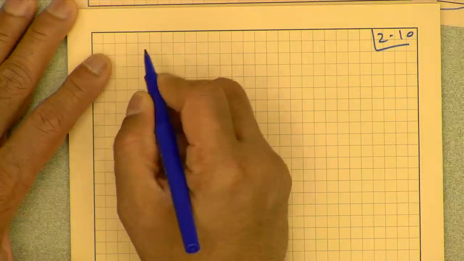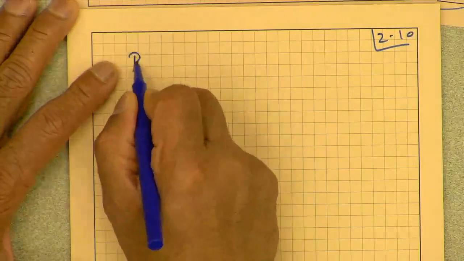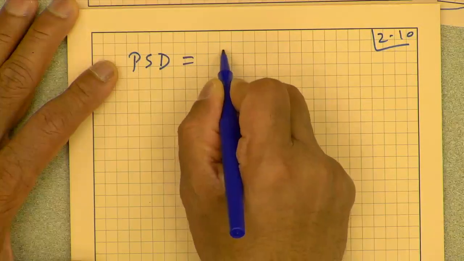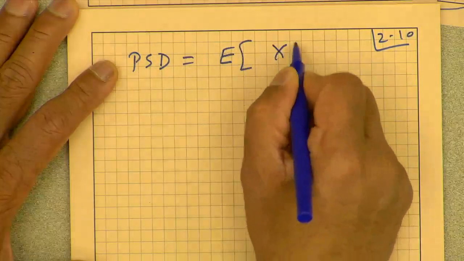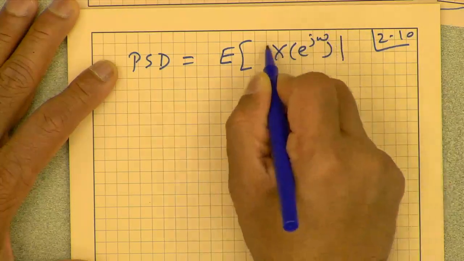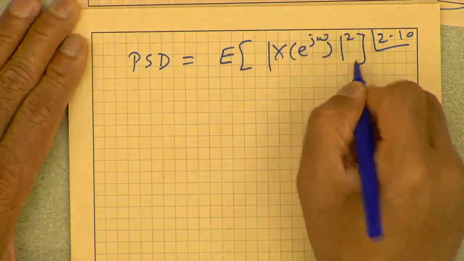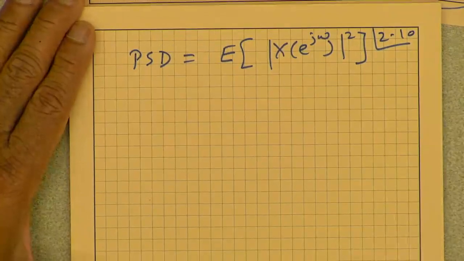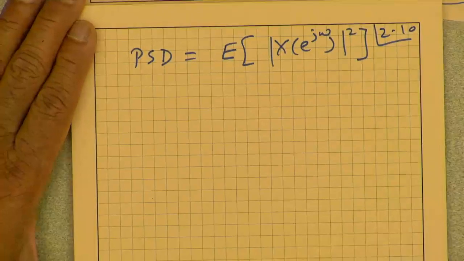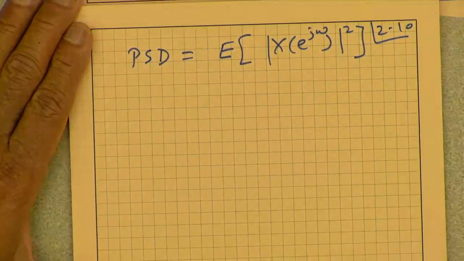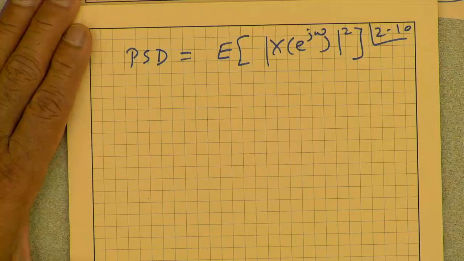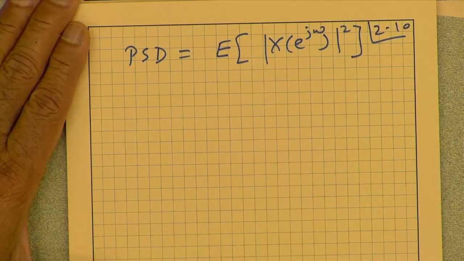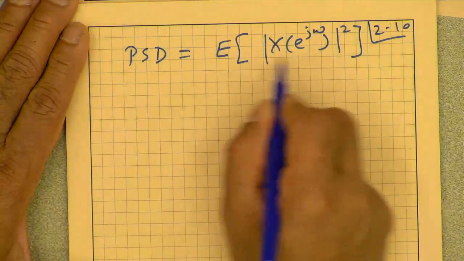But for a random signal, we can define the power spectral density as the expected value of the discrete time Fourier transform. Well, this is one definition, and there are many, but let's just take this simple definition. Why am I saying expected value? Because that signal x is a random signal, and if I compute its discrete time Fourier transform, then in some sense I take the average over many ensembles of the random process, and that's the power spectral density.